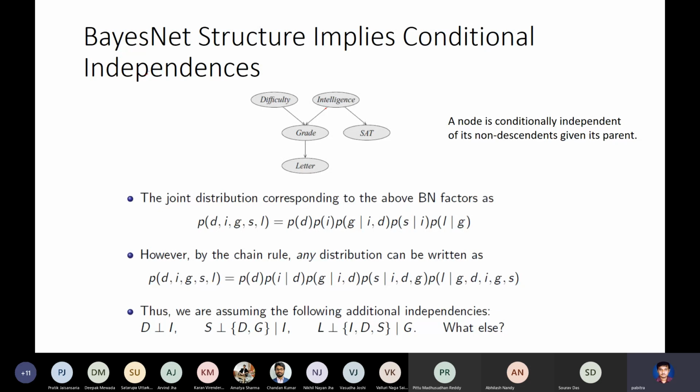Grade is influenced by intelligence. Letter is directly influenced by grade, but also indirectly influenced by difficulty. So this kind of influence can be written down by a set of conditional independences that we described.